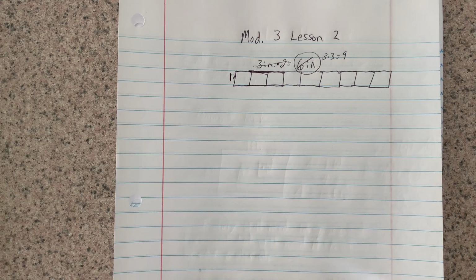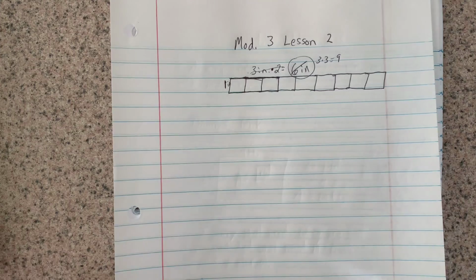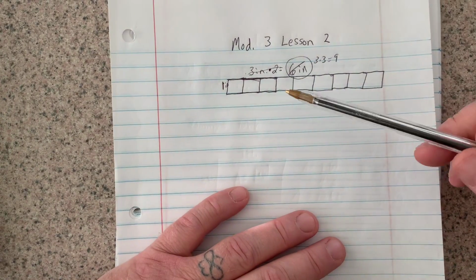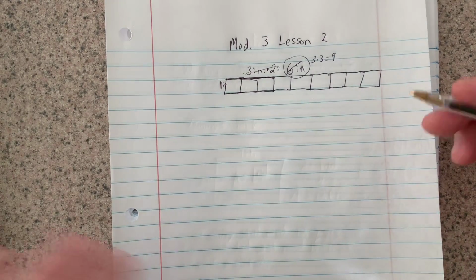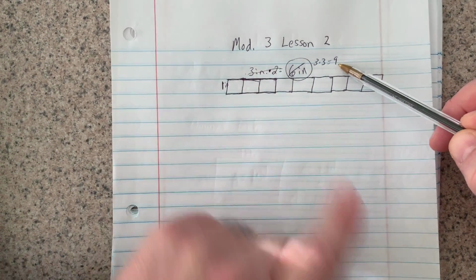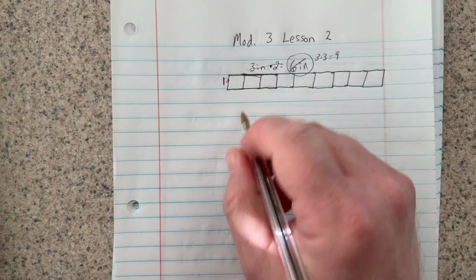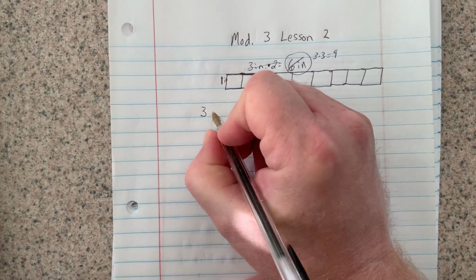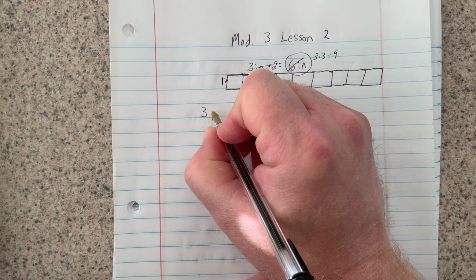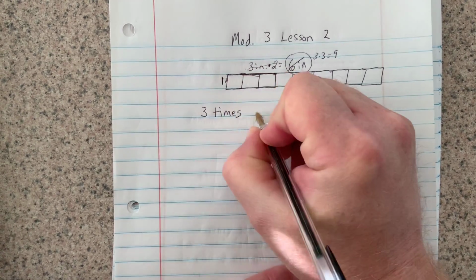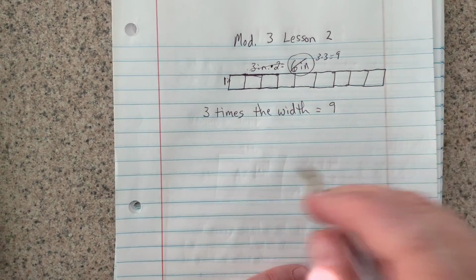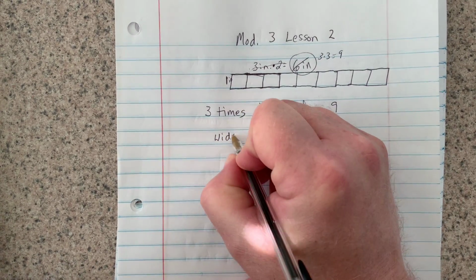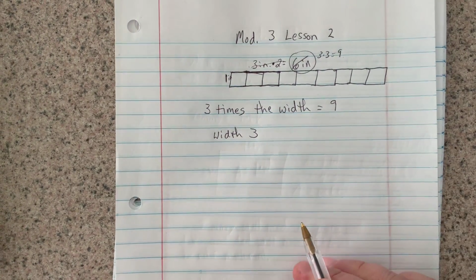Now, if we're going to continue this process and we have a rectangle that is 3 times as long as it is wide. So 3 times 3 equals 9. So if we're going to make this 3 times the width equals 9, then the width has to be 3, right?